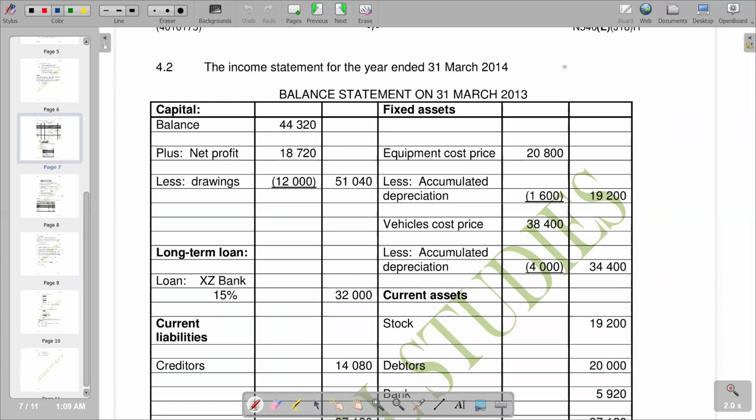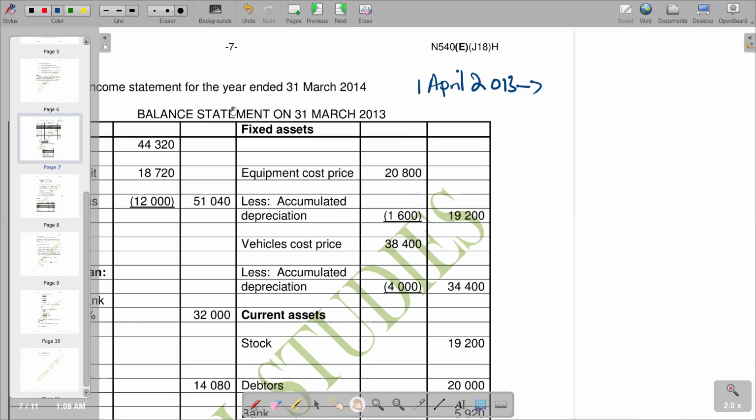Our financial period starts on 1 April 2013 and runs to 31 March 2014. So our opening balances will be on 1 April 2013.